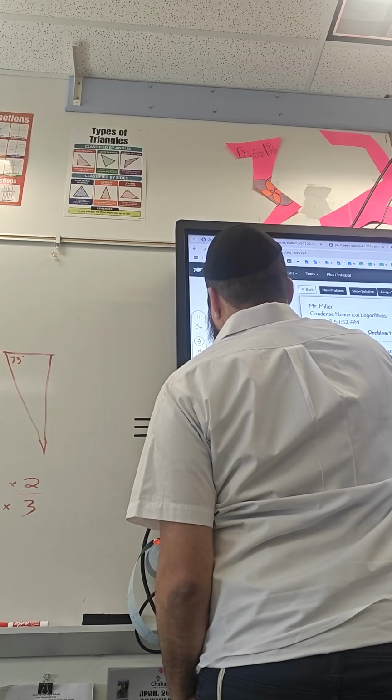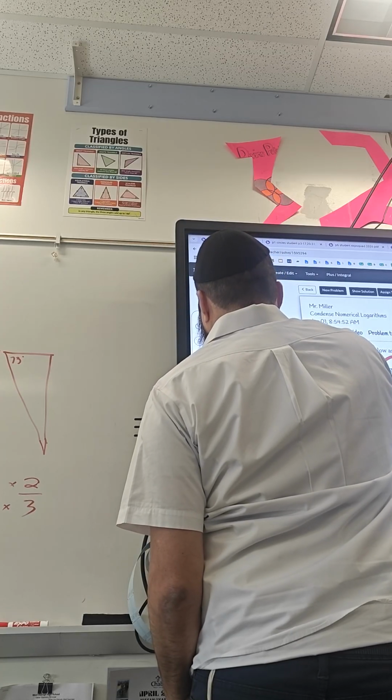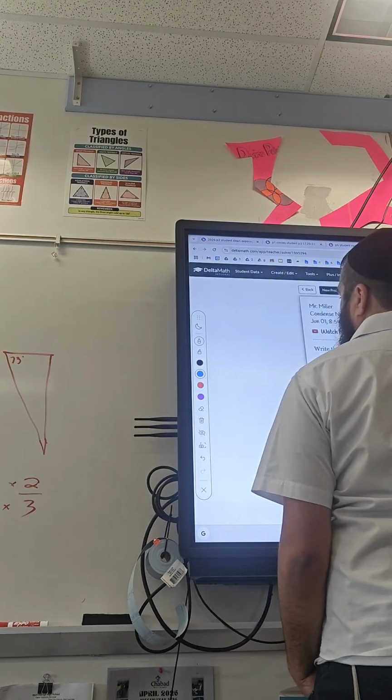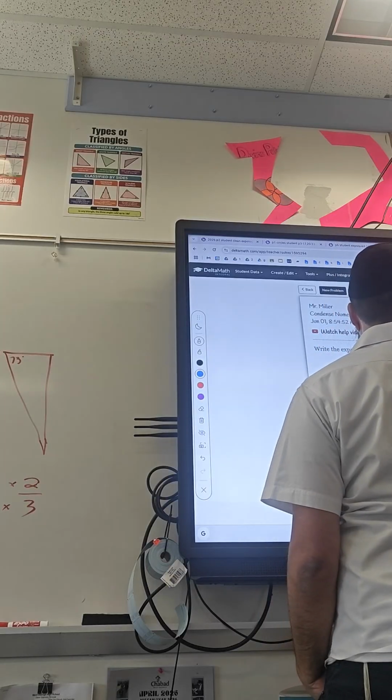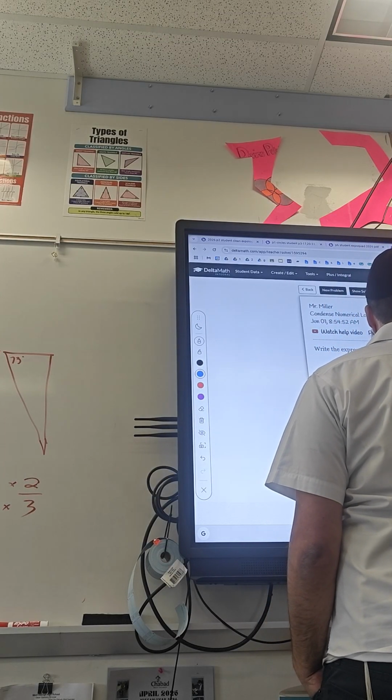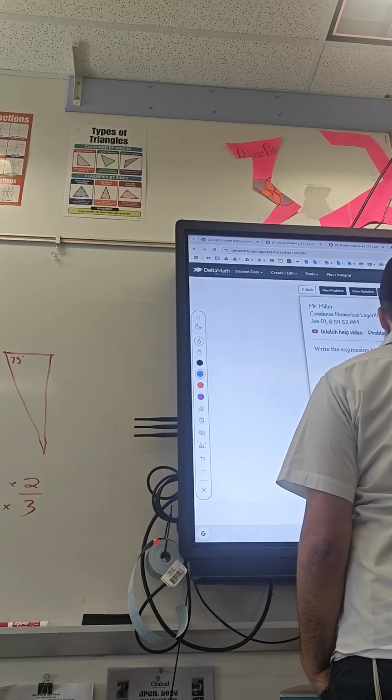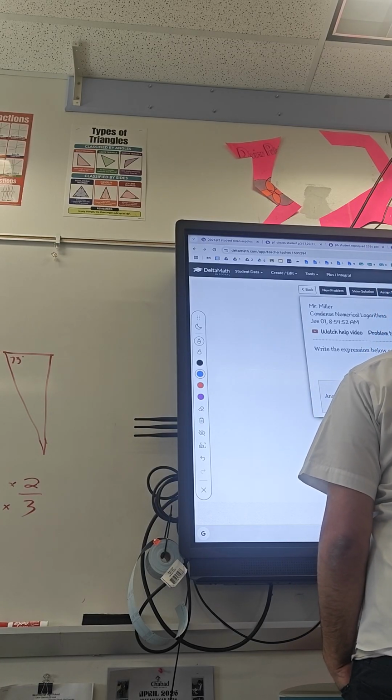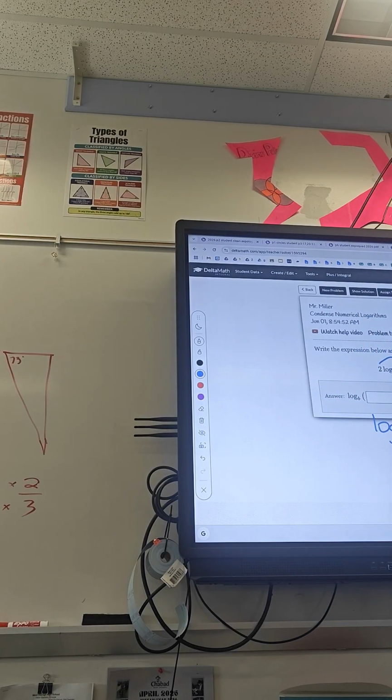Condensing number one, all right? So same idea. First thing you gotta do is get this into here, it becomes an exponent. So it becomes log base b of 4 squared minus log base b of 2. So that's log of 16 minus log of 2.